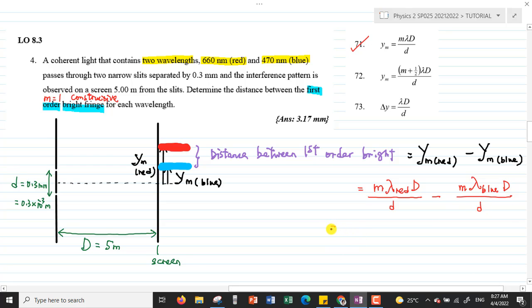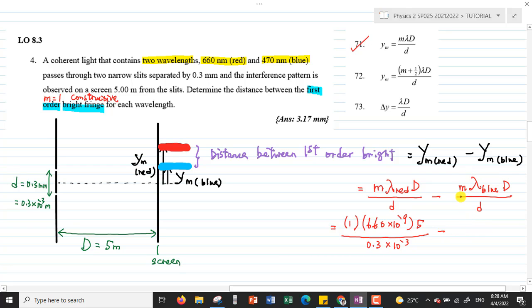Then we put in the value. First order means our m is 1. Wavelength for red light is 660 nanometer, times 10 to the power of -9. The distance is 5, over the separation between the two slits, which is 0.3 times 10 to the power of -3 meter.